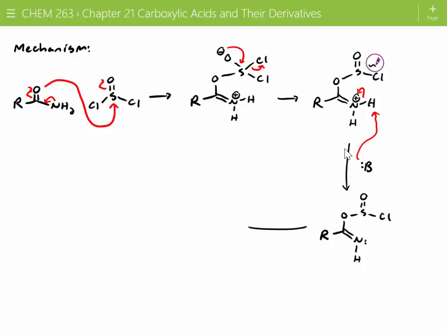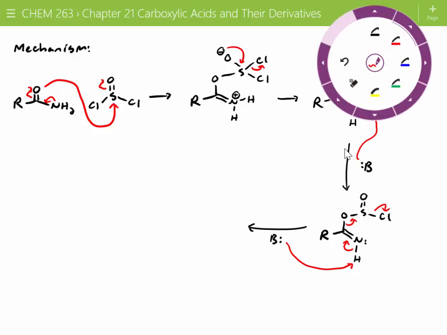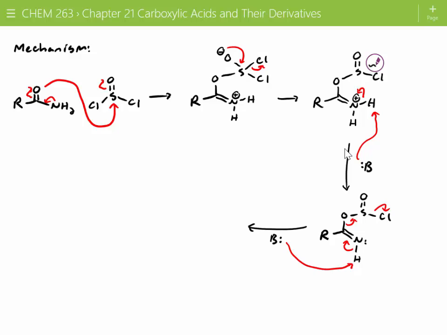One more equivalent of base will come and grab this proton, which will cause a cascading effect, where we'll clamp down here and then kick off our chlorine. So kind of like a Jacob's ladder. And you end up forming your nitrile directly, plus your SO2 gas. And so the driving force for that last step is formation of sulfur dioxide gas.